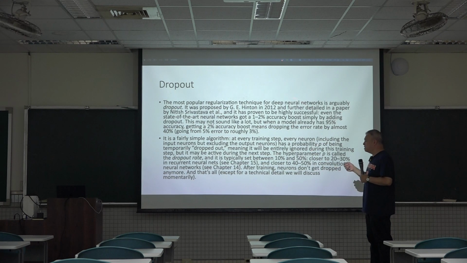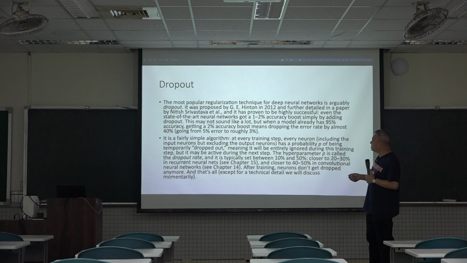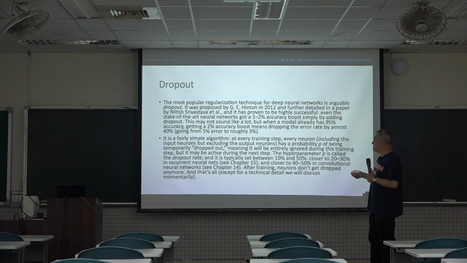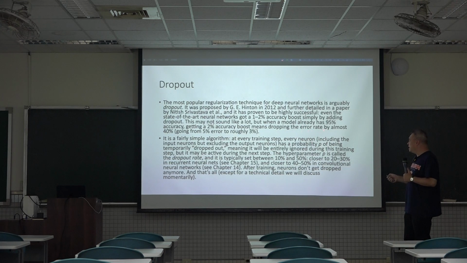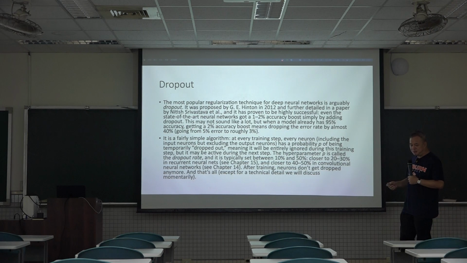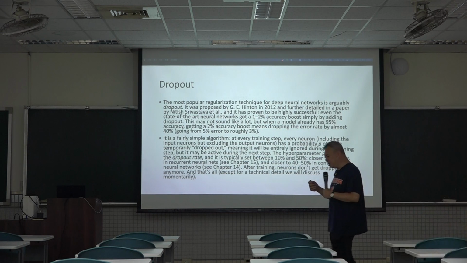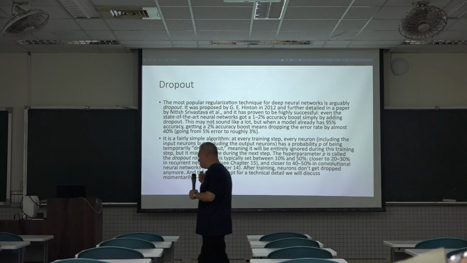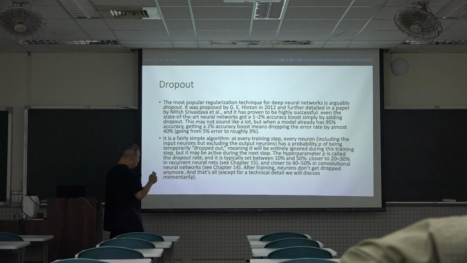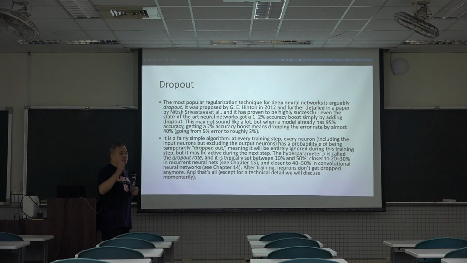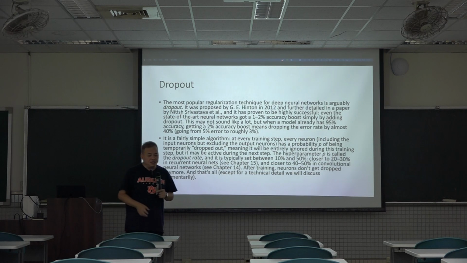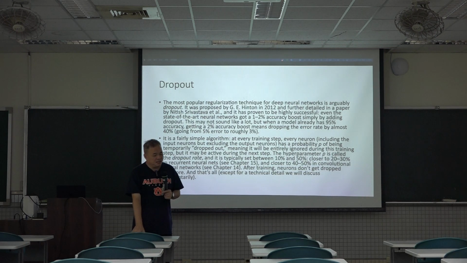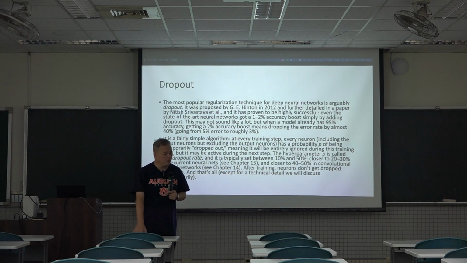So what is dropout? The idea is like this: at every training iteration, every neuron, including the input neurons, but not including the neurons in the output layer, just tries to throw a dice and decide whether this neuron wants to participate in this training iteration or not.